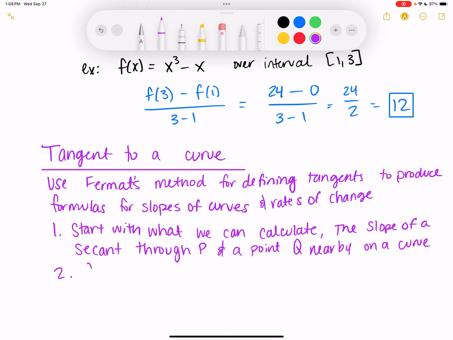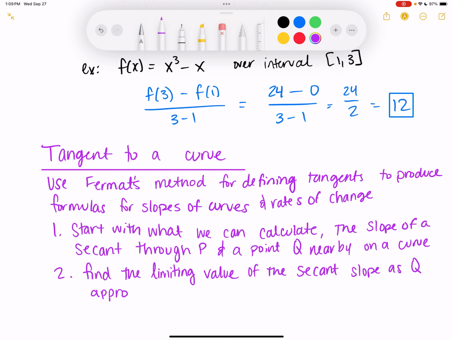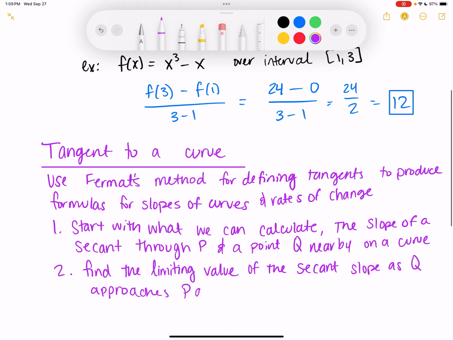Then to find the limiting value of the secant slope as Q approaches P along the curve.